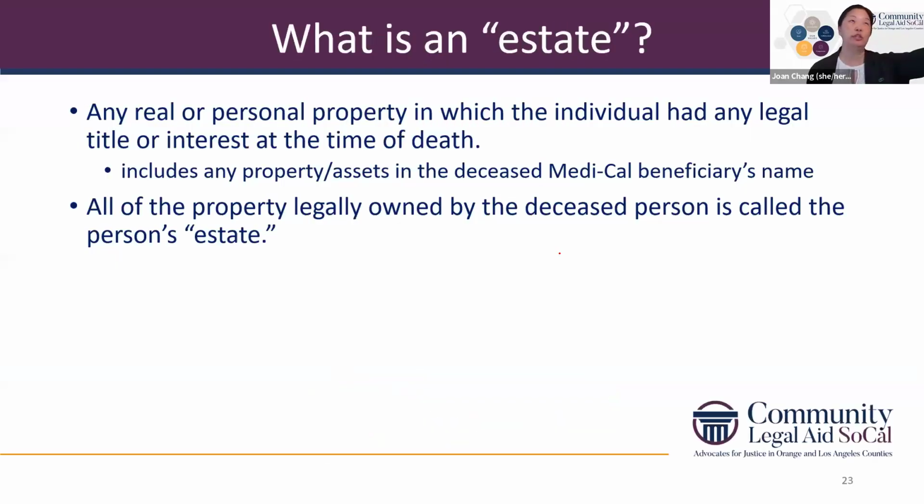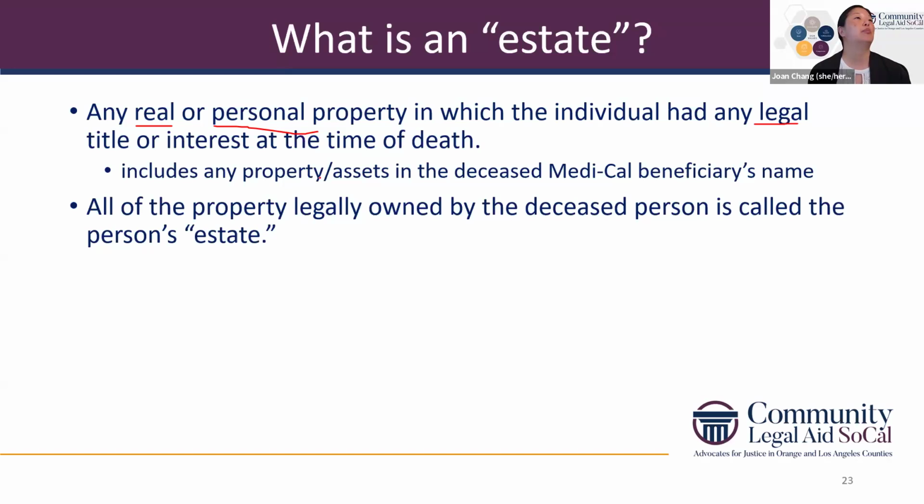Before we do that, we're going to talk about what the heck an estate is. I've been using this word over and over during this presentation, but let's break down the legal definition of an estate. It's any property, real property or personal property, in which the individual had any legal title or interest at the time of death.